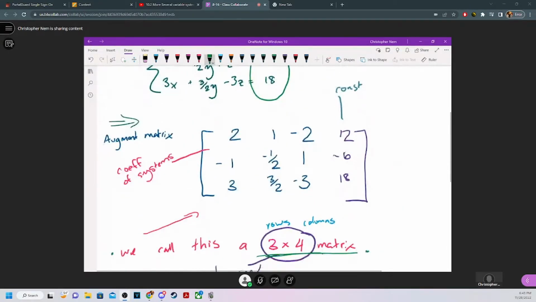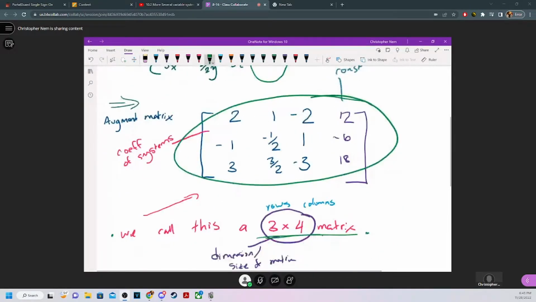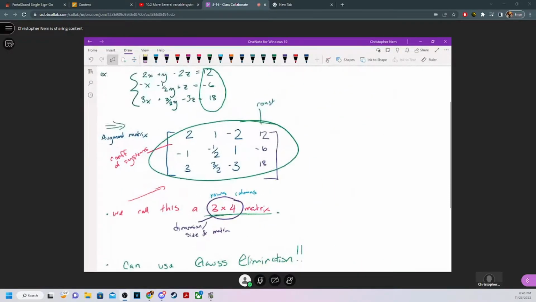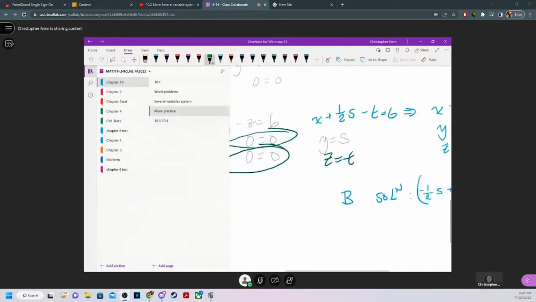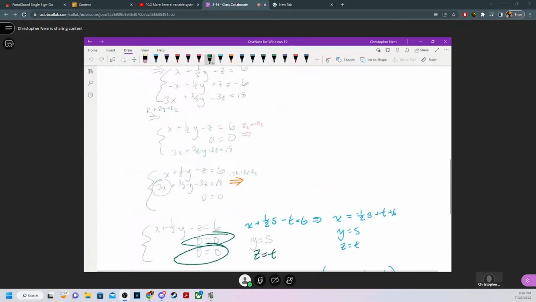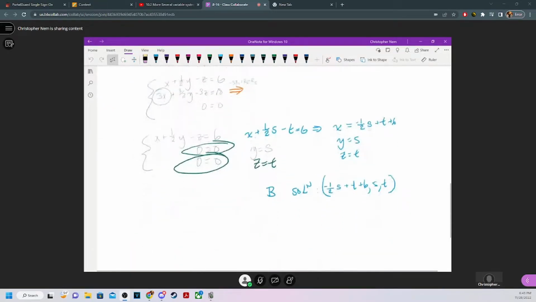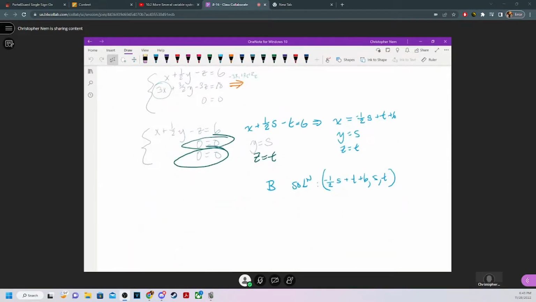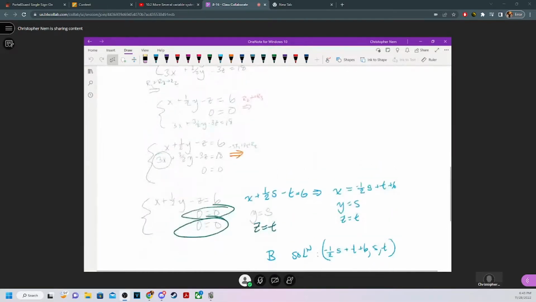So if I were to do Gauss elimination on this one right here, if you recall, we did the Gauss elimination over here. This is the exact same system that we did last time. When I did Gauss elimination, I had this system right here.